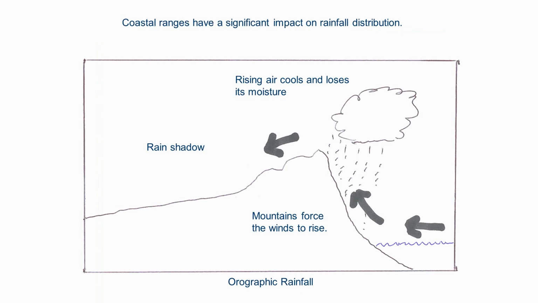Okay, there's the diagram to represent what we've just looked at. We've got the wind coming in off the ocean, being forced to rise by the mountains in this area, clouds forming, rain falls, but the interesting thing is that the rain falls on the ocean side of the mountain.